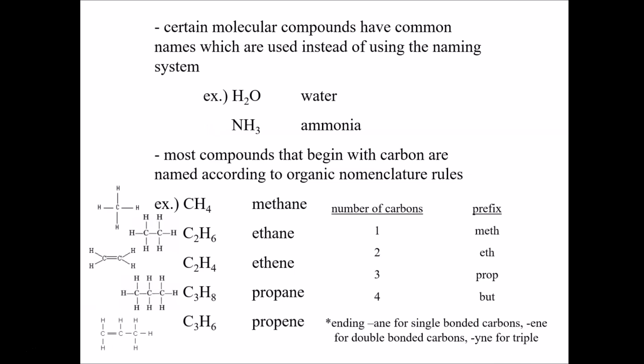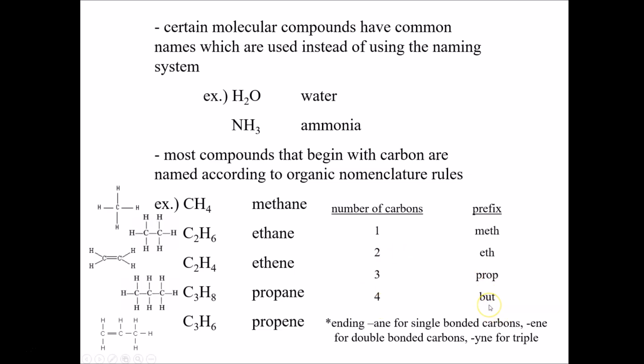So, for the carbon-hydrogen kind of compounds, all these have carbons and hydrogens in them. We go by the number of carbons and what kind of bonds are in the structure. So, for instance, if you had just one carbon, it starts off its name with the prefix meth. 2 carbons would be eth, 3 carbons would be prop, 4 carbons would be but.